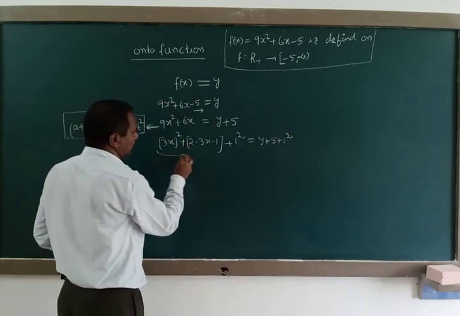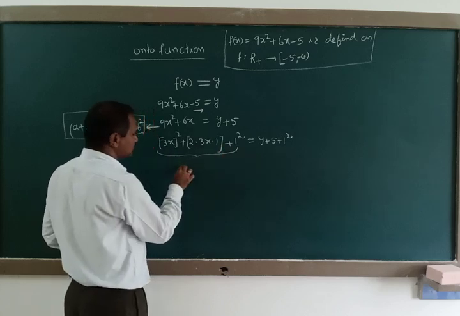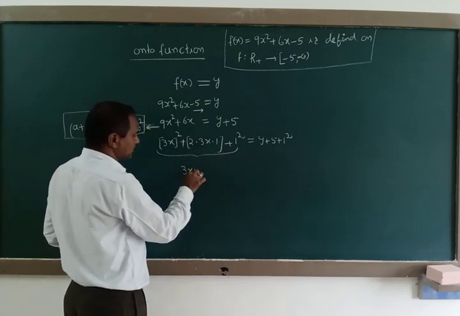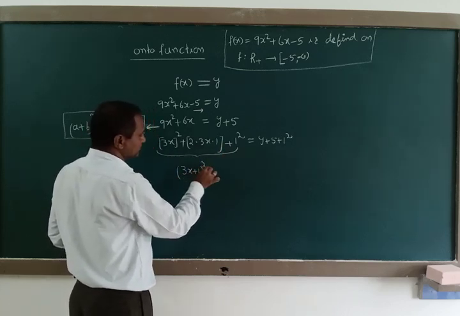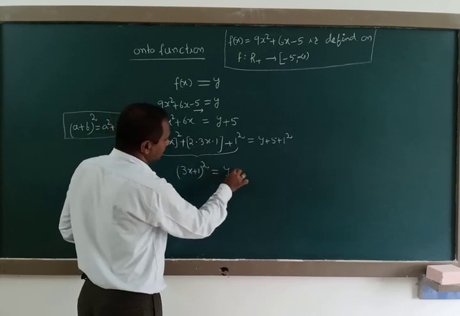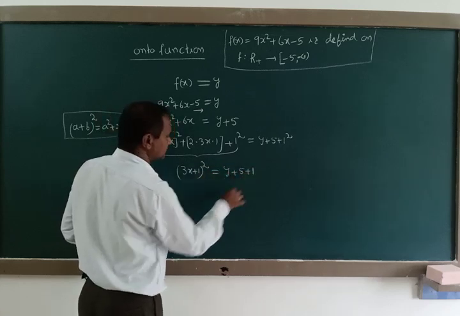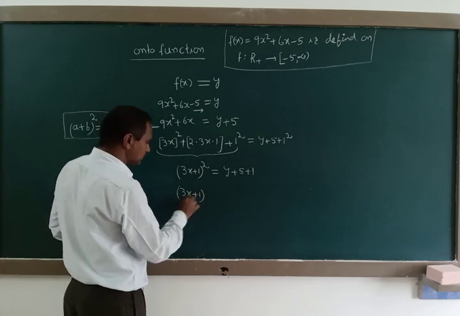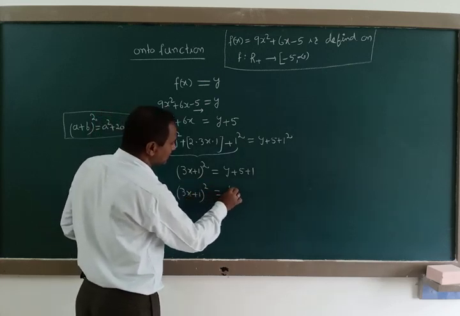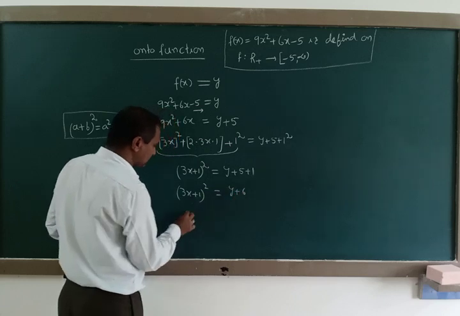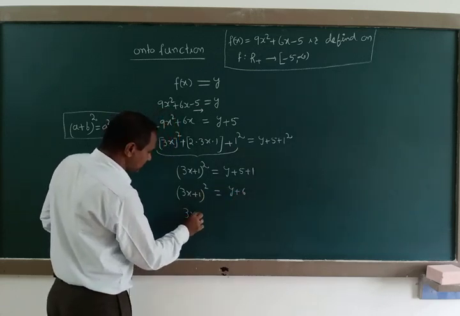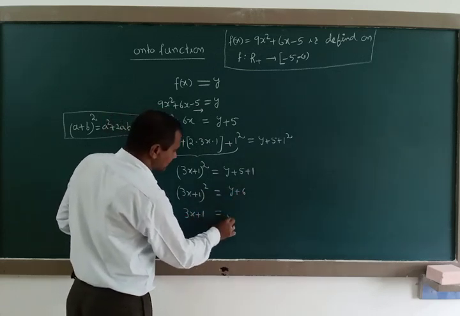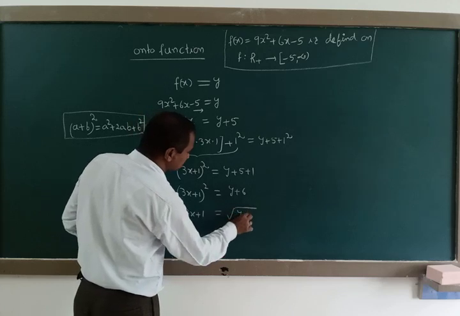Now this is totally in the form of a plus b whole square, meaning 3x plus 1 whole square is equal to y plus 5 plus 1 here. That is, 3x plus 1 whole square is equal to y plus 6. 3x plus 1 is equal to square root of y plus 6.